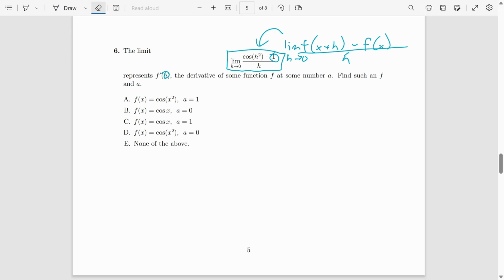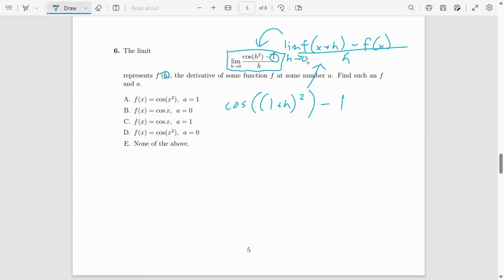All right, so let's do the first one, cosine of x squared and a equals 1. Looking back at this one here, f of x plus h becomes cosine of (a plus h) squared, where instead of x it's a, which is 1, and then minus f of a again, which is cosine of 1 squared. 1 squared is 1, and cosine of 1 is still 1, so that's just minus 1.